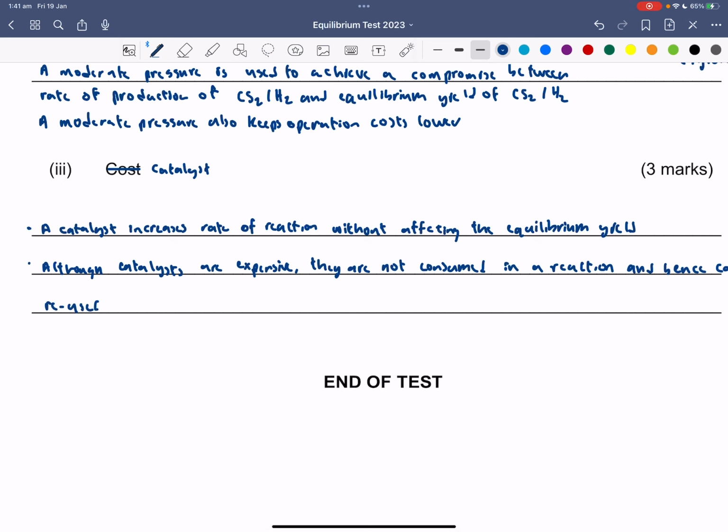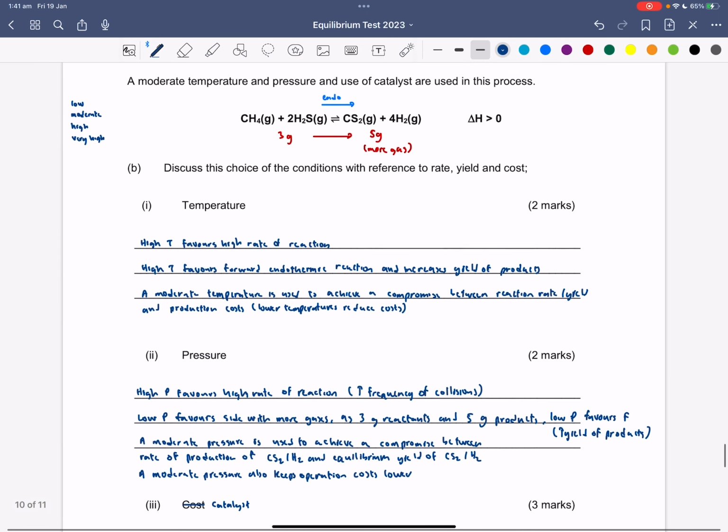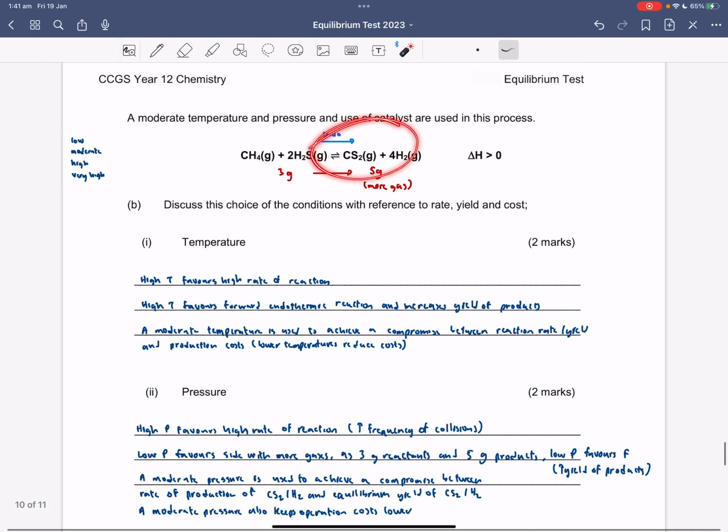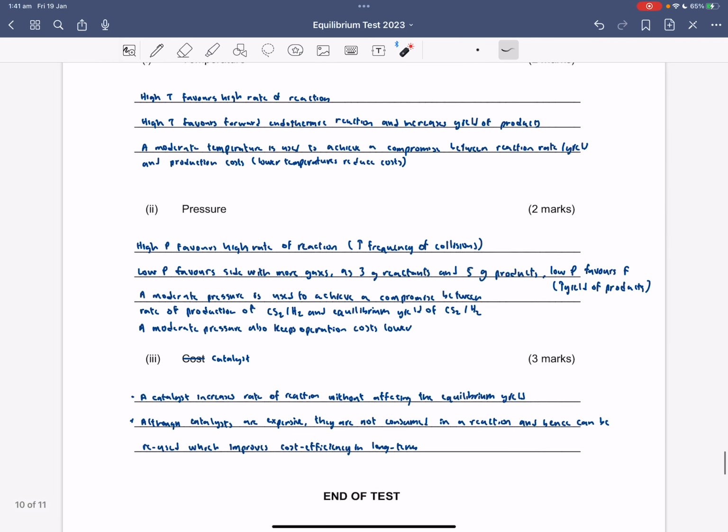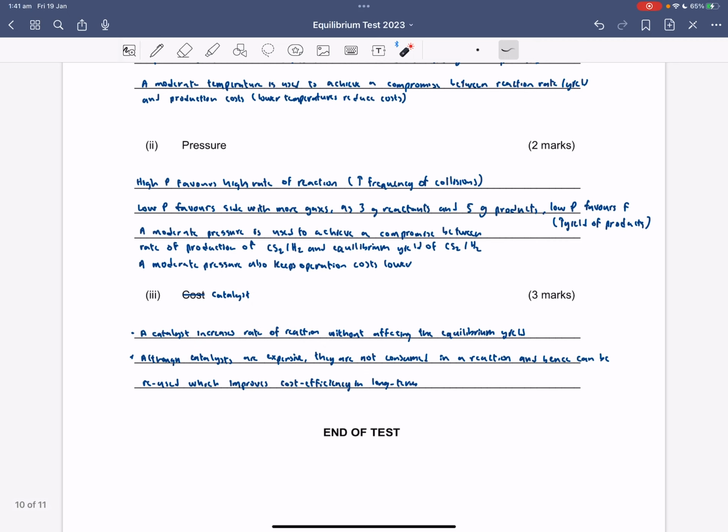And what that does is improve the cost efficiency in the long term. All right, so this is a typical question where we have an industrial process, and you have to discuss what type of temperature to use, what type of pressure to use, and whether or not to use a catalyst.